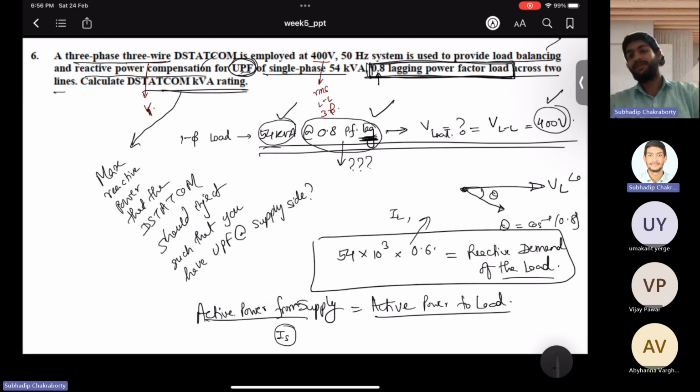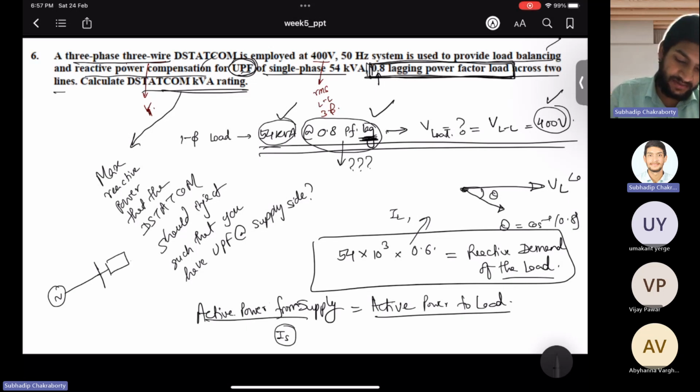So now what you will do? I told you previous week also one thing that is always satisfied for such shunt connections. If I draw the single line diagram, this is the supply, there is the PCC point where you have the load.